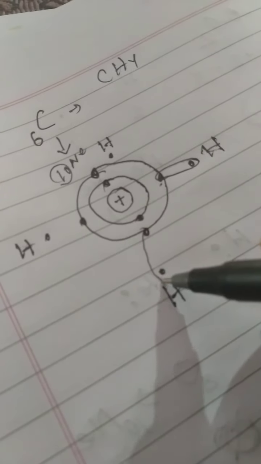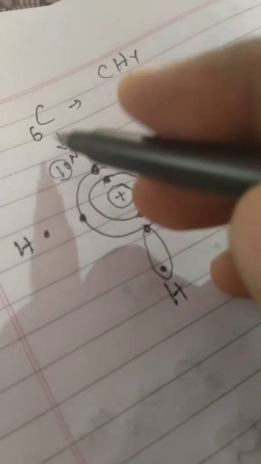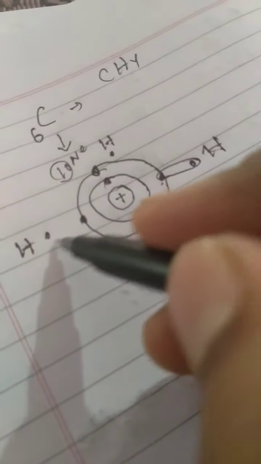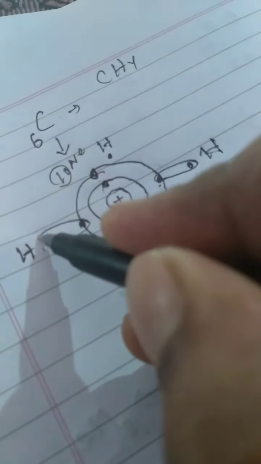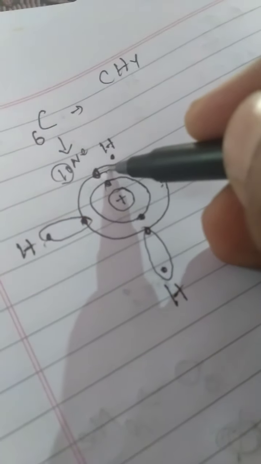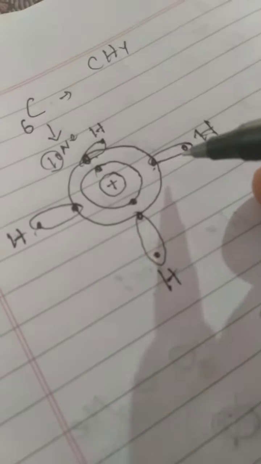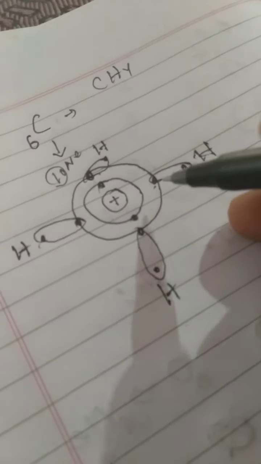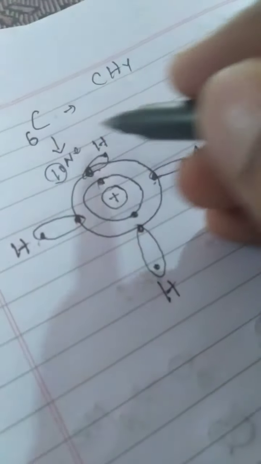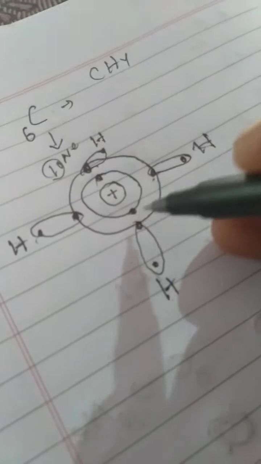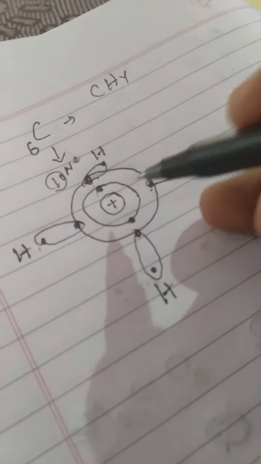Now count again: 8. Now it became 9. Finally, 10. So the total number of electrons in carbon is 10. And hydrogen will obviously share 1 electron because its nearest noble gas is helium. Understood? So 1, 2, 1, 2, 1, 2. And the number of electrons in carbon is 10, which is the nearest noble gas.